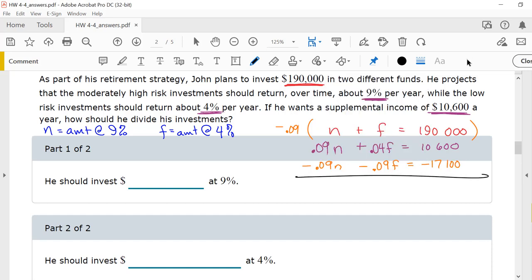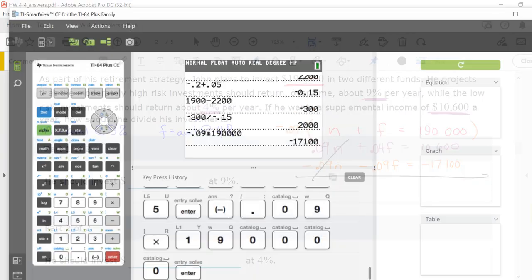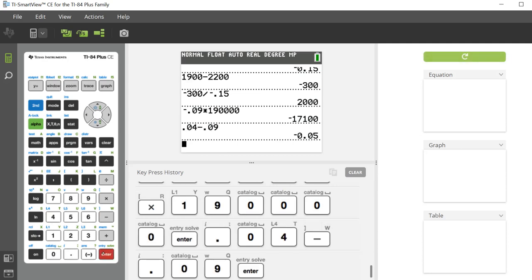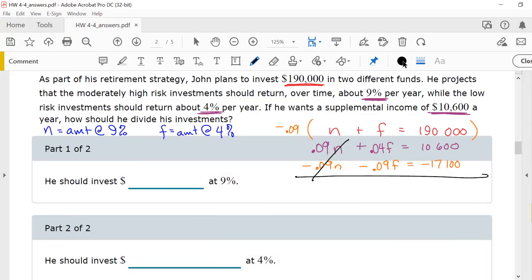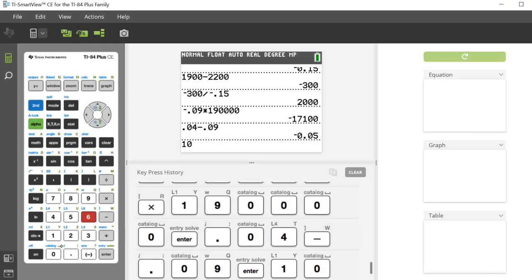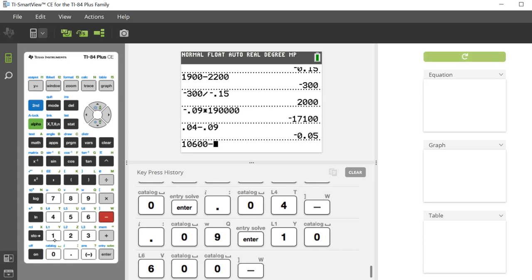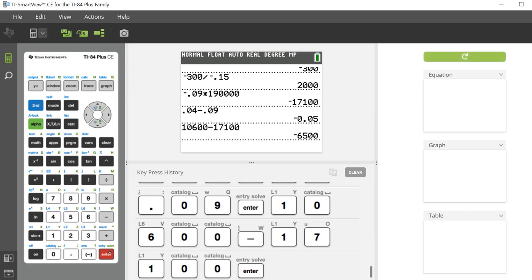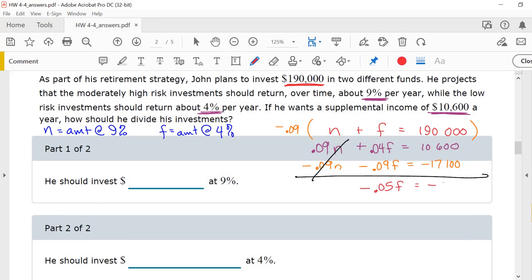Okay, I'm going to add these 2 equations up. Those are going to be gone. 0.04F minus 0.09F gives me negative 0.05F, and that will equal 10,600 minus 17,100, which is negative 6,500.